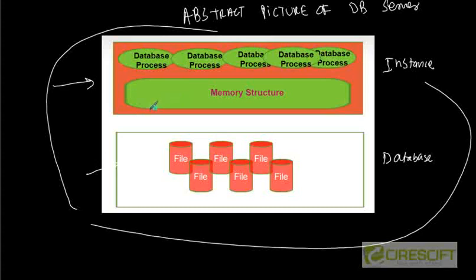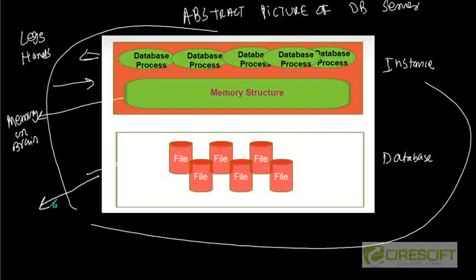If I give a human analogy, the processes are like legs, hands, and so on. The memory structure is like the little memory that you have in your brain. Imagine this memory is small compared to what I can store in my notebooks.